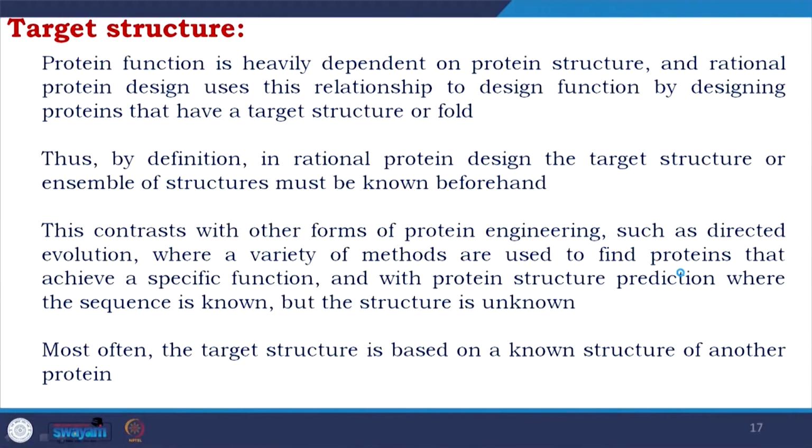Most often the target structure is based on the known structure of another protein. So, you might not have the exact structure of that protein, but you need structural information from a related protein, so that you could use that to make a predictive 3D model of the target.